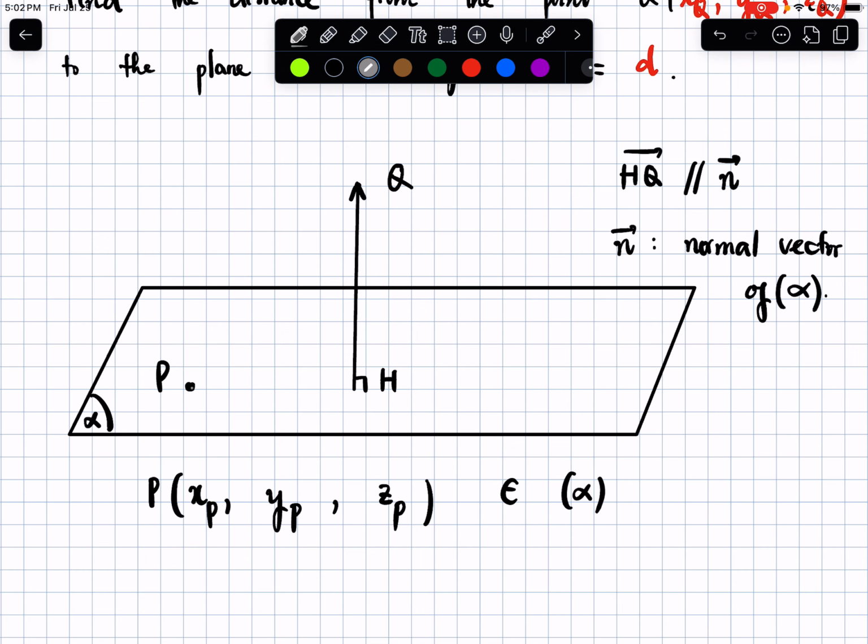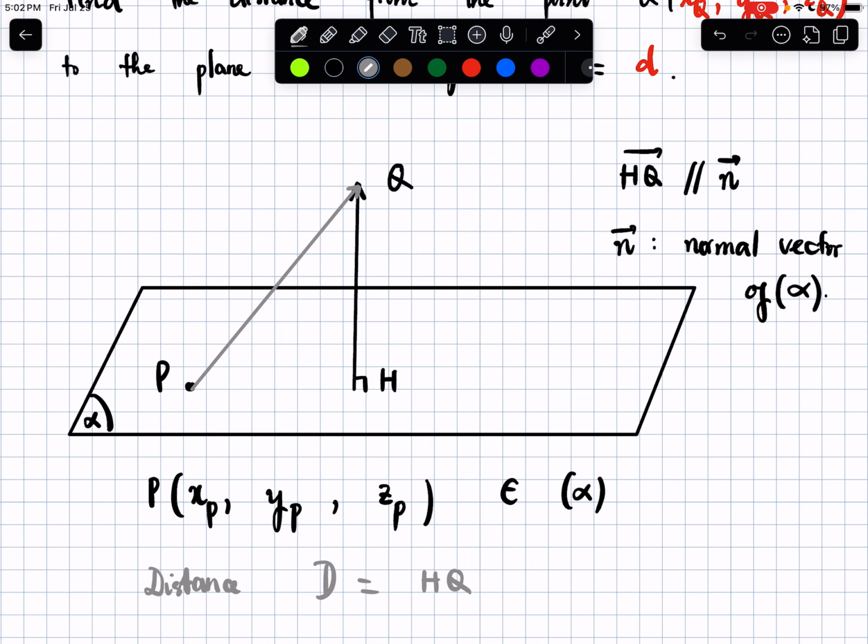Vector PQ is here. And we see that the distance QH, the distance from Q to alpha, let's call it D, equals the length of vector HQ.